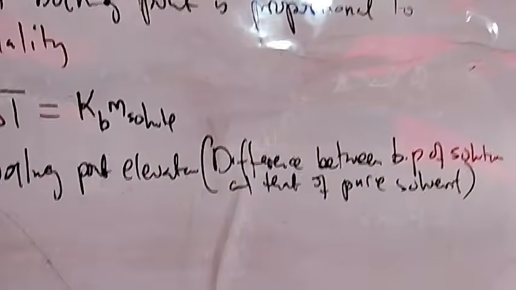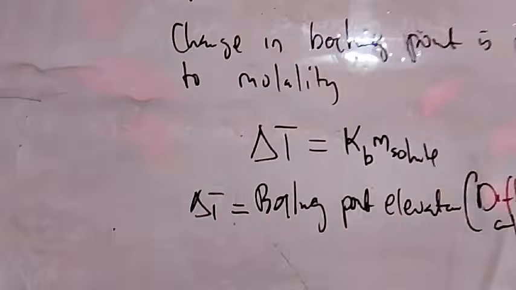That is delta T, the boiling point elevation.